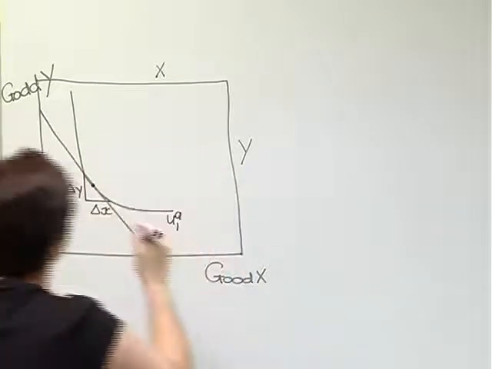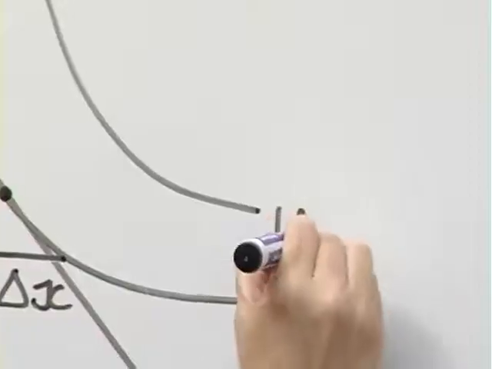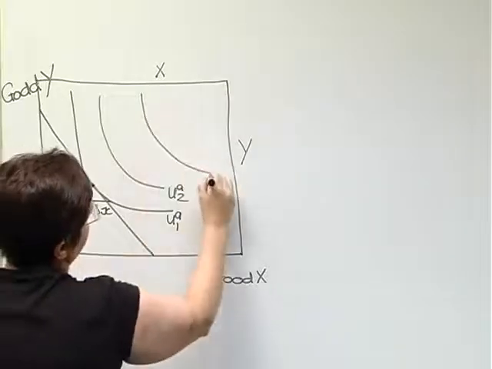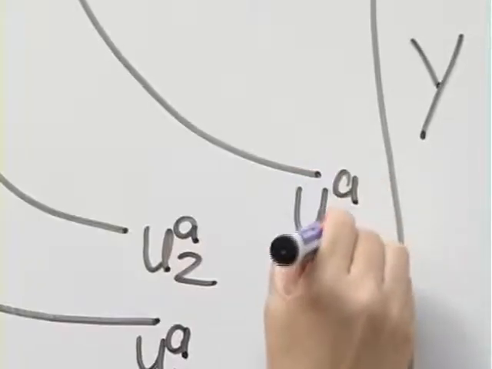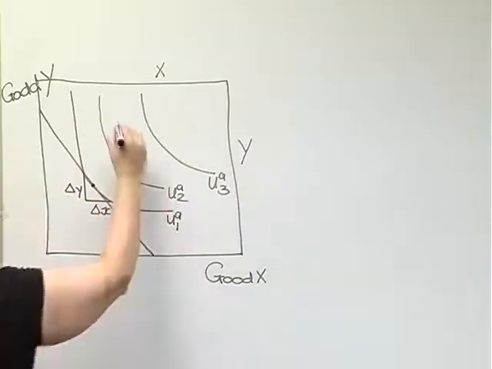From this side you'll get the second indifference curve of A, the third indifference curve, and from that side you'll get person B.